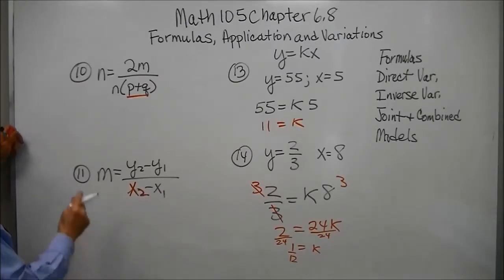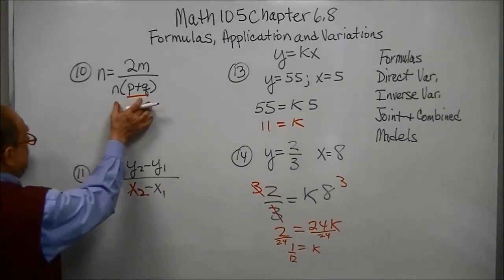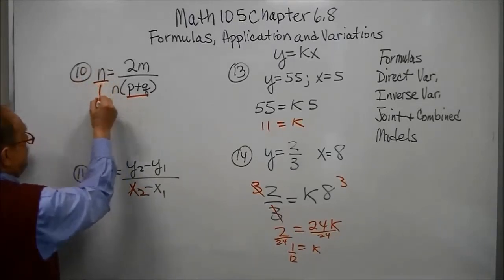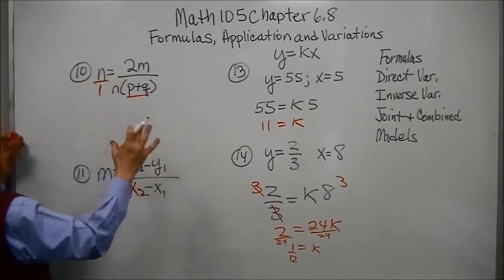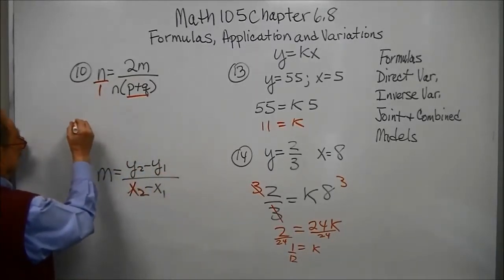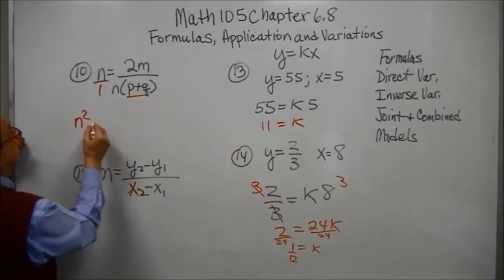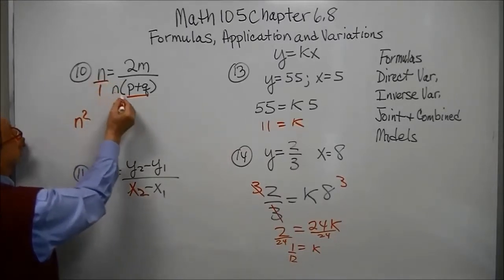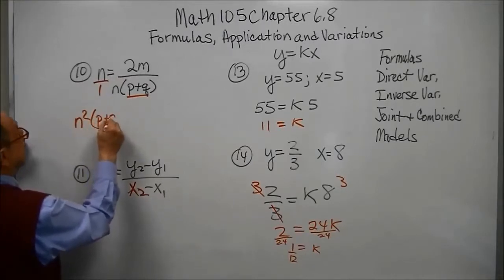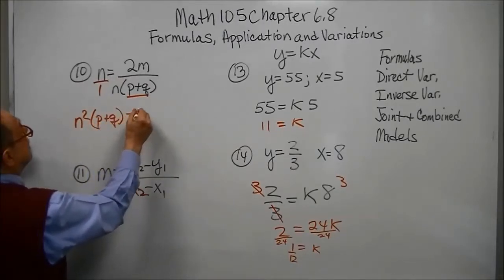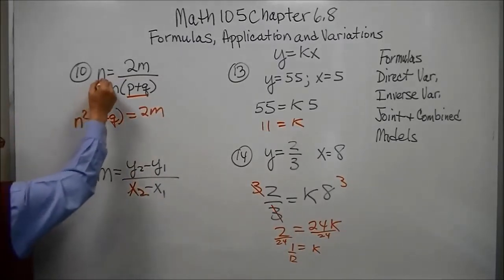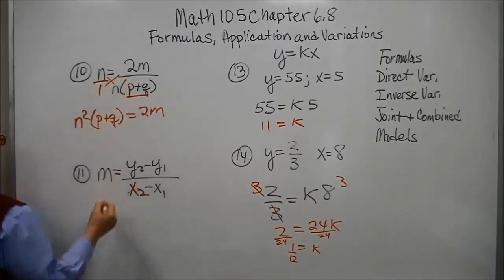So we're going to multiply both sides. Remember, we can use that proportion that we had in the last section here. So this becomes n squared, multiplying this times that, equals 2m. So we're just, in a sense, cross-multiplying.